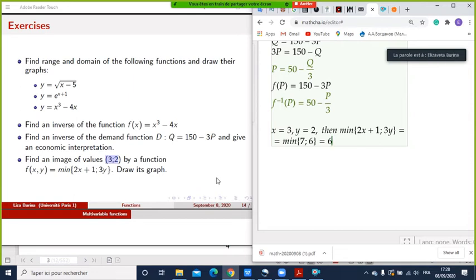If x takes some value, y takes some value, and then f takes some value, well, it's going to be a mess. We need 3 dimensions. So let's assume that we fix some value for f, okay?